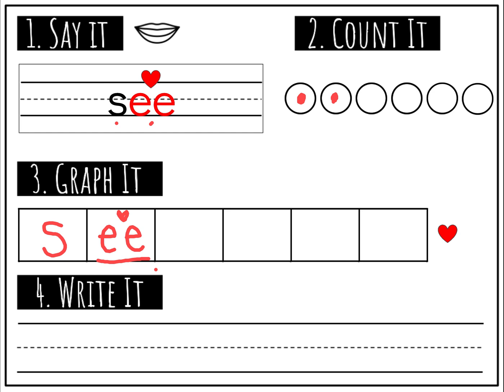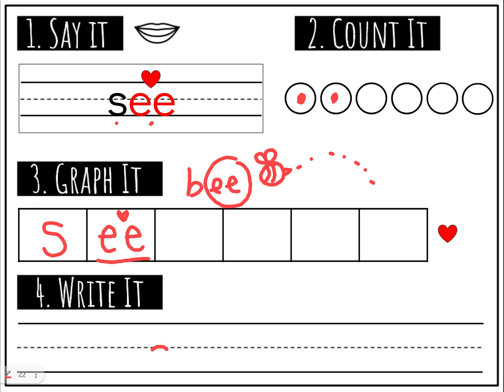So C, like a, let me show you, like a bee. You know, when you have a little bumblebee. I'm going to draw my little bumblebee right here. The word bee, like a bumblebee, has two E's.